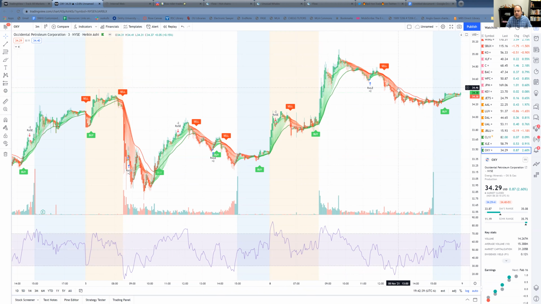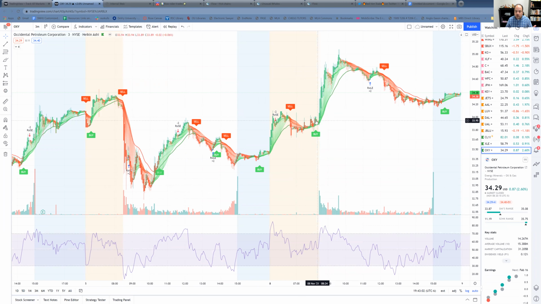I mean, I'm not looking for a 20% move on Oxy if I'm trading a weekly call on it. I'm looking at open if I'm watch listing it. I'm looking to see, am I going to get a sell off to start the day? And that possibly could give me an entry.